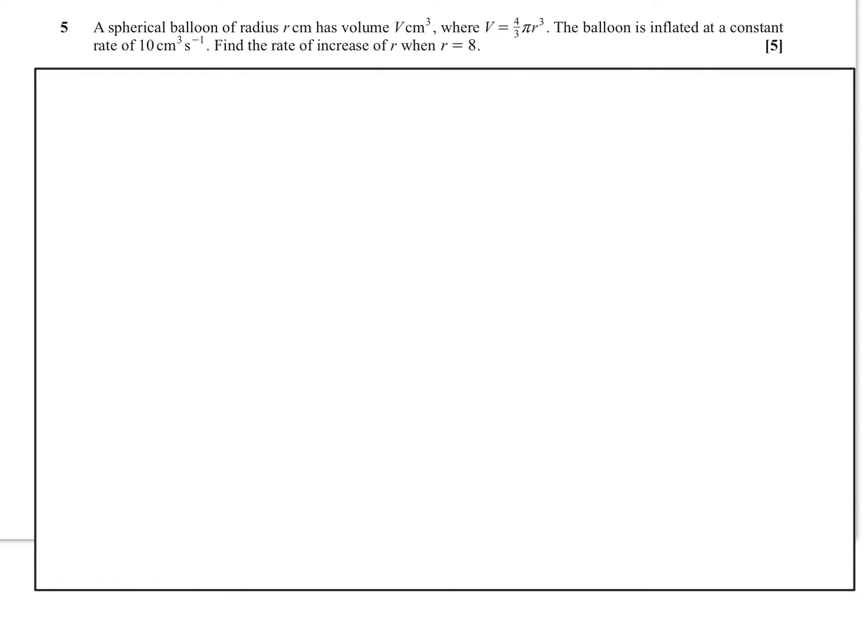Now, a few people went about this in various ways. I suppose the most obvious is to go dr by dt, because that's what you want, is dr by, well, what's the only other thing we're told about here? dv.